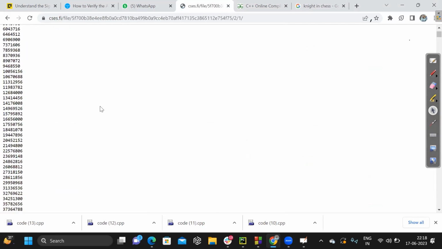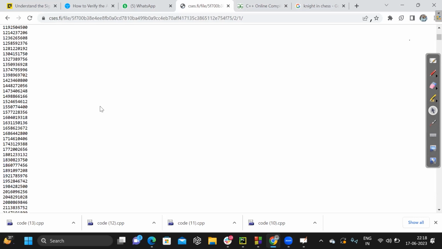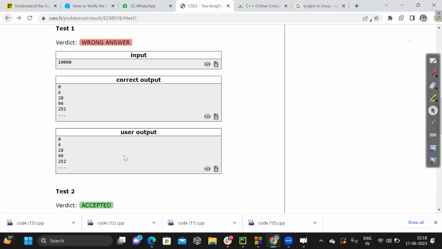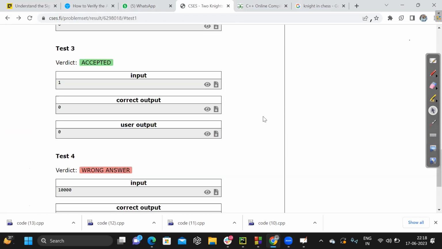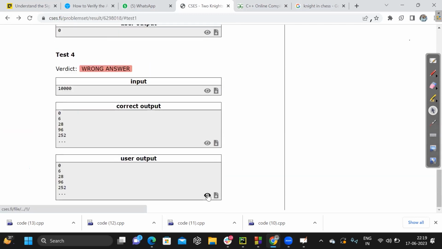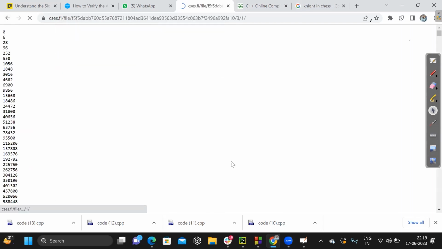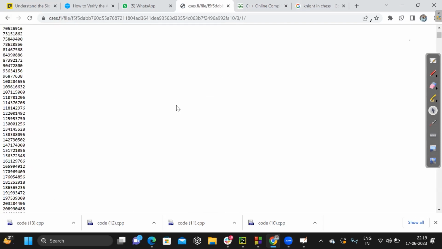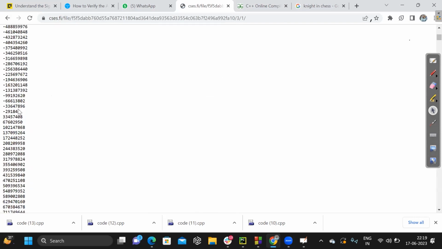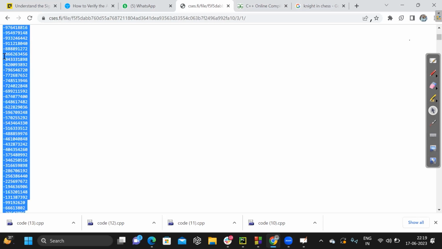Where are we making the mistake, by the way? What do you think? 10,000 is the input, right? Square of that will be, yeah, a few values are coming not good. They are coming in negative.